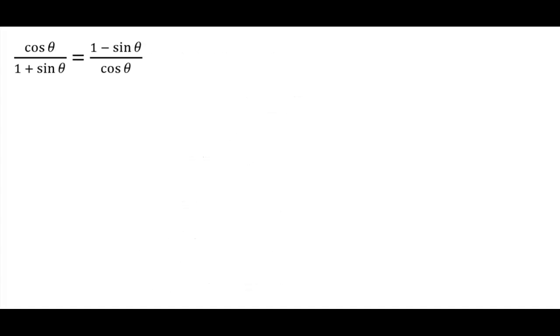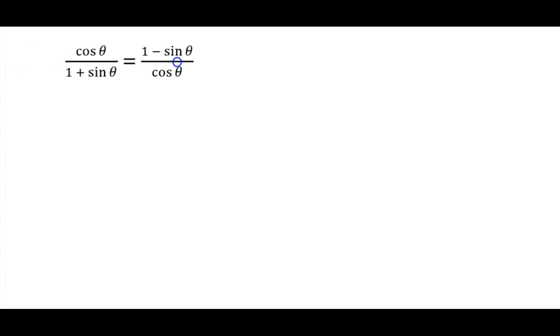And then we have this last one. This one involves a process that students don't always think of, but we want to get the left-hand side to look like the right-hand side. And again, we're stuck with just cosines and sines here. So how do we know which side's more complicated?